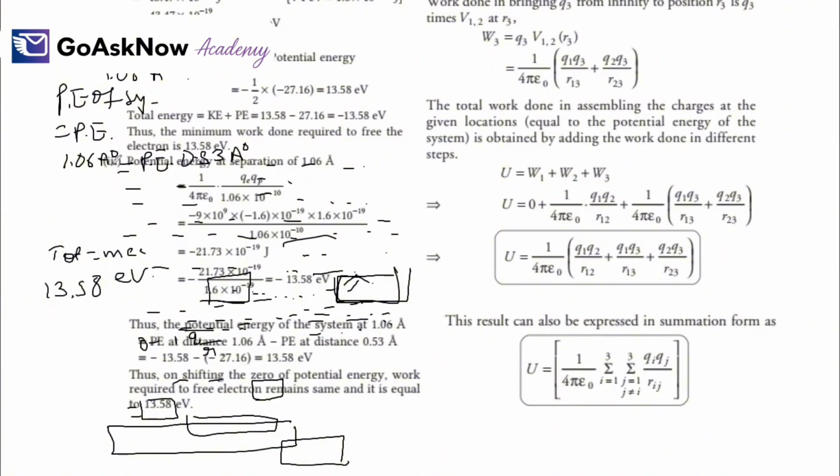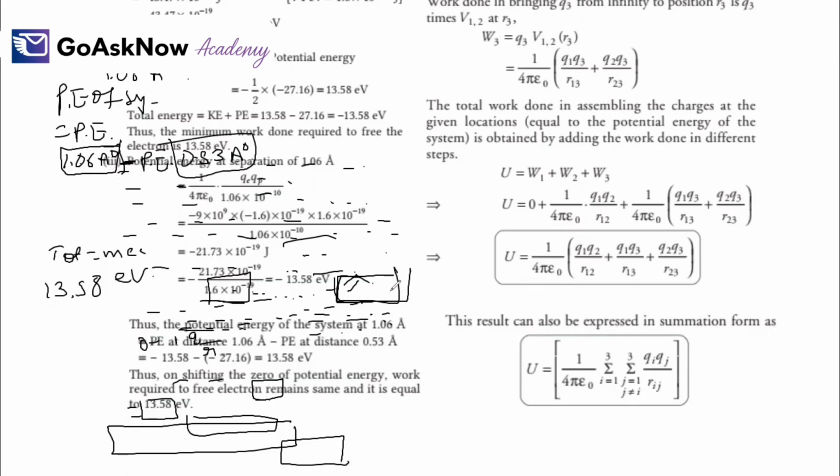In the first part we took infinity as the reference point by default. But here 1.06 angstrom is given as the reference point. So we take this value at the first place, and then the potential energy at 0.53 angstrom is taken at the second place.